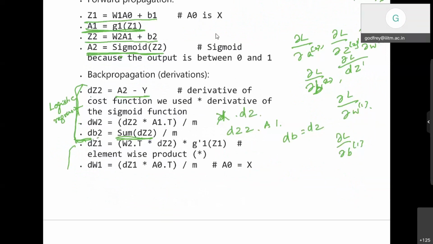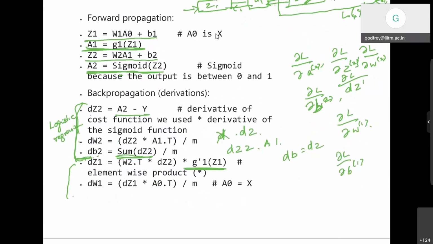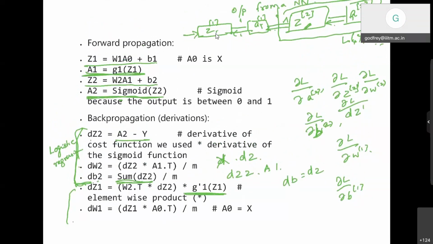Now looking at these cases also, we see a pattern. The pattern is that dz1 is equal to W2 dz2 into g dash z1. G dash is basically the derivative of this activation function, since A1 is equal to G of Z. You also find this quite similar to what we have here.